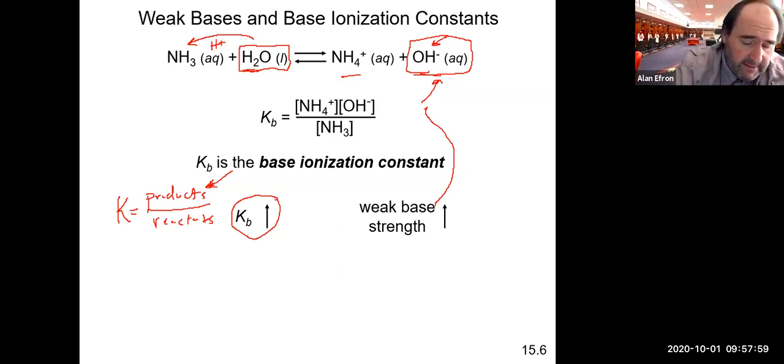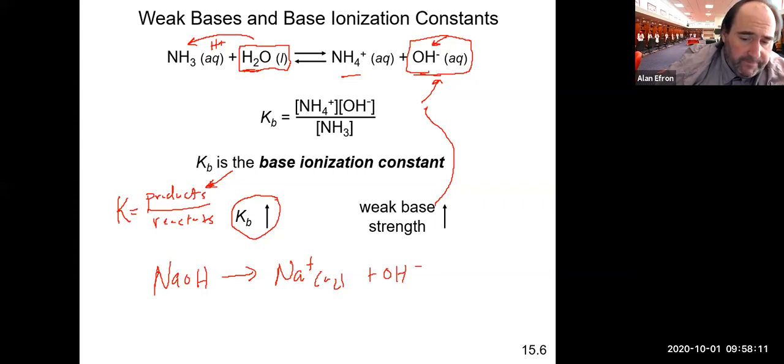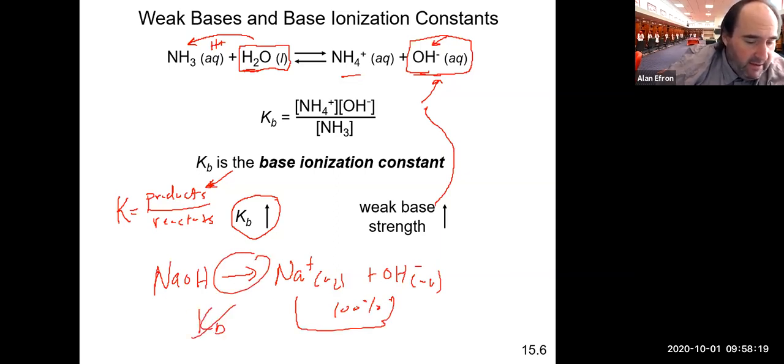Strong bases, something like sodium hydroxide, do not have Kb values. That is because it is a strong base, which means it will 100% break apart into ions. It is not reversible, so you will not have a Kb value for that.